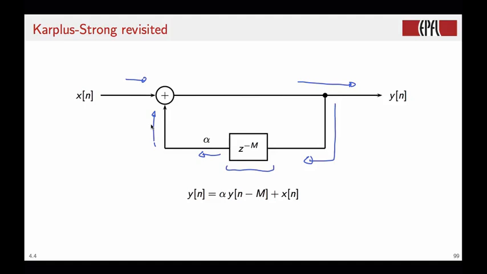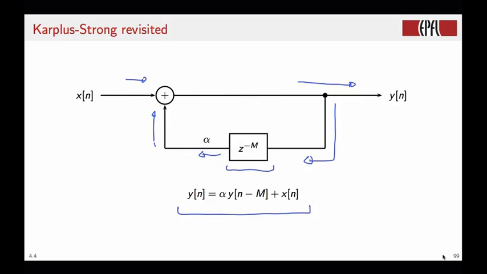If we were to describe this mathematically, we would have what we call a difference equation that relates the current output to the past output that has gone through the delay line, so an output delayed by M, scaled by the attenuation factor, and summed to the original input.